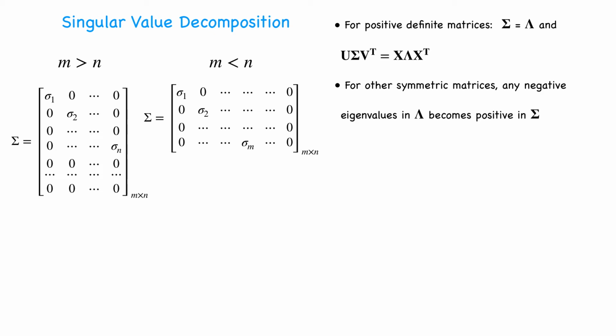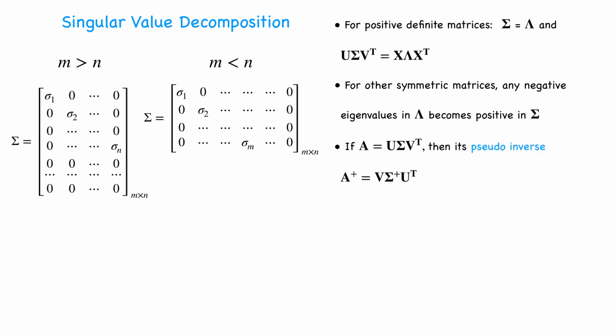We have already seen that a symmetric matrix can be represented as A equals X lambda X transpose, and a symmetric matrix does not impose any condition on the eigenvalues. So if there is any negative value in lambda, it becomes positive in sigma.